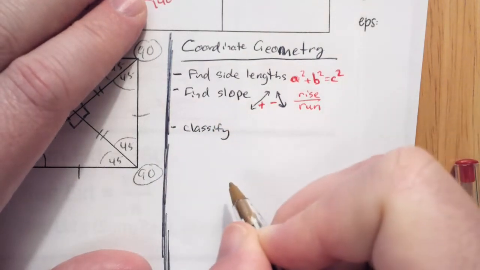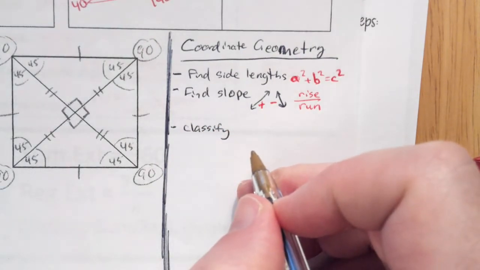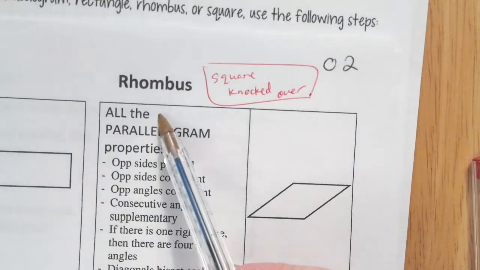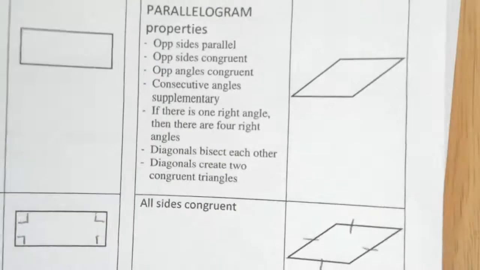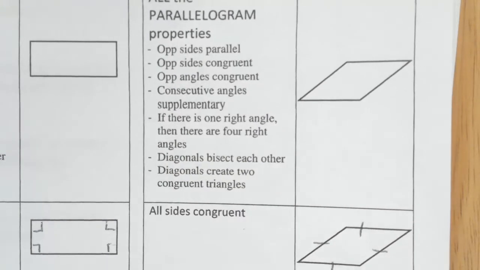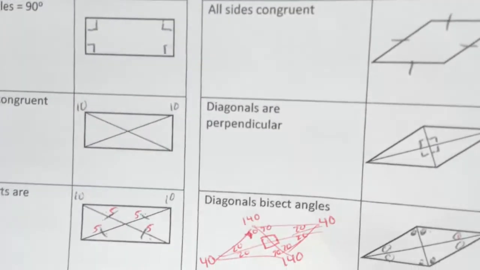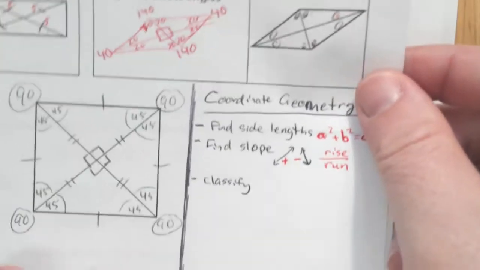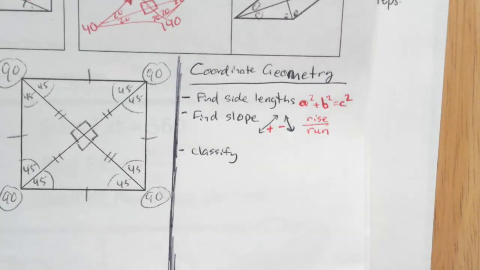You're going to classify it by either, if you're looking at this, rhombus, rectangle, kite, all those things. So whatever it may be, you're going to classify it by whatever it's supposed to be.